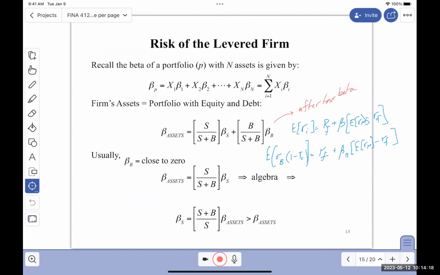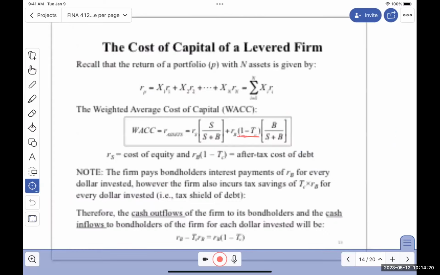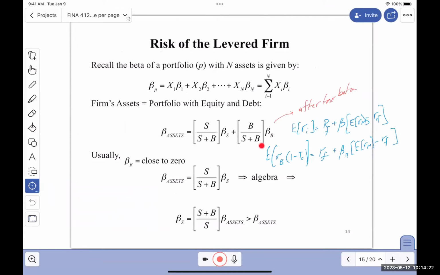So you're going to have the return, which is a weighted return, and you're going to have the beta, which is a weighted beta. Anyway, it'll make more sense when we do the exercises. So my point is that this is the after-tax beta, to be able to do this for the beta of assets after tax. You'll see it in the examples that I gave you. You have problems to solve.